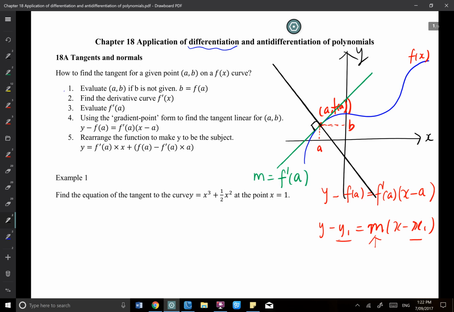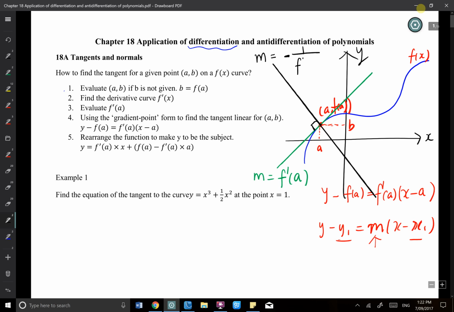So what's the gradient of the normal? It is -1 over f dash a. The tangent gradient is f dash a. For example, if f dash a is 2, then the perpendicular line's gradient must be -half. It's the negative reciprocal.